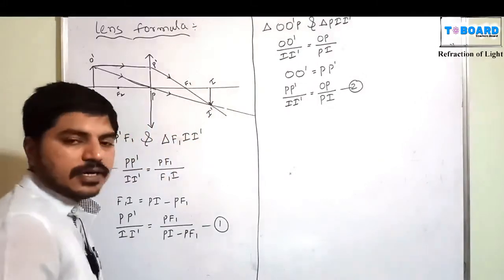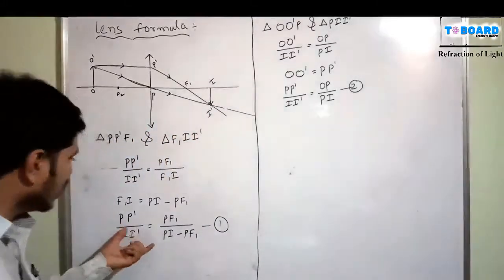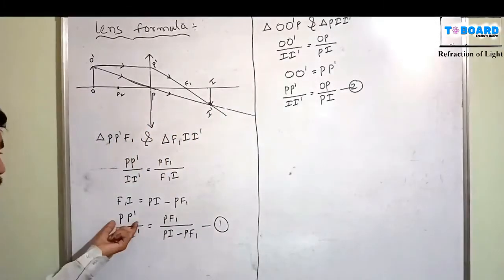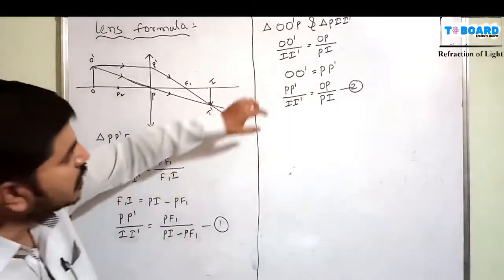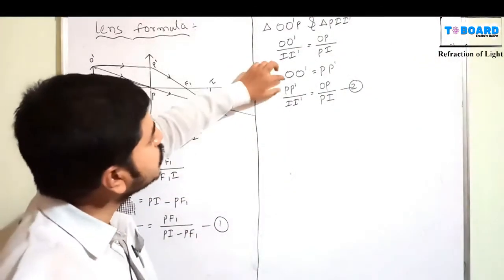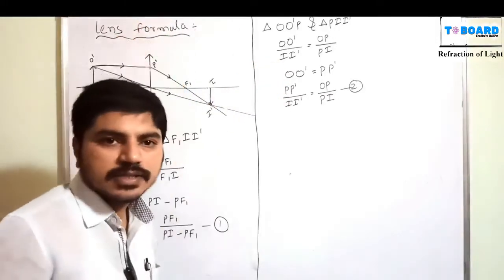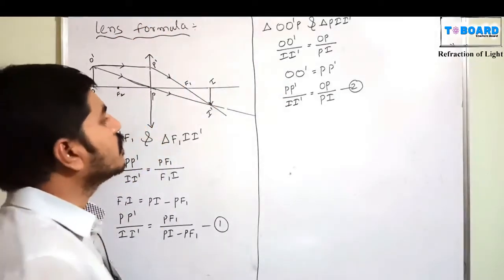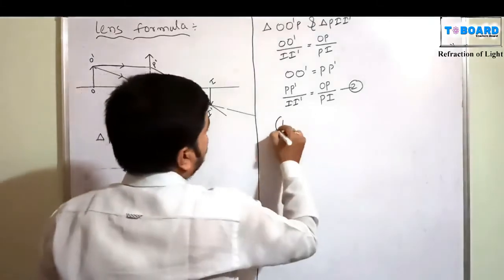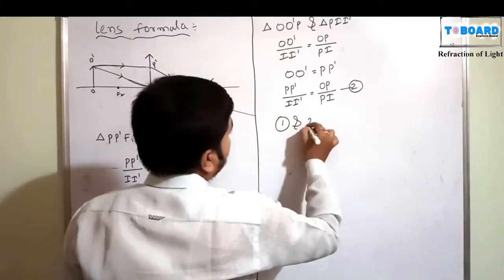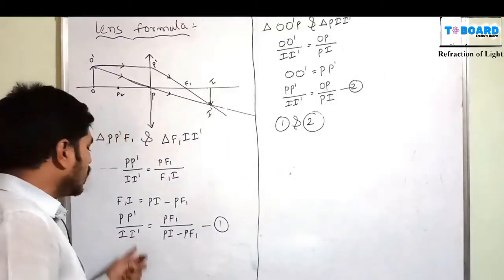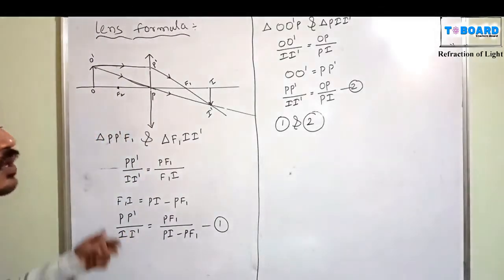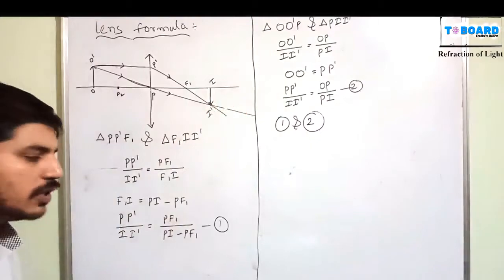In the first equation, P dash by I dash is equal to something, and the second equation also has P dash by I dash. So from equations 1 and 2, the left side values are equal, that's why we are going to equalize the right side values.